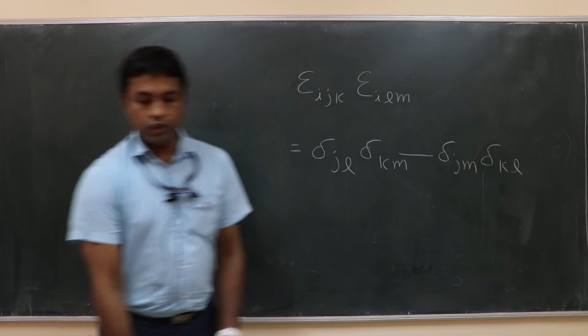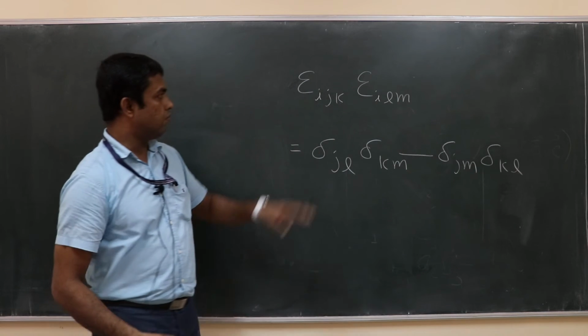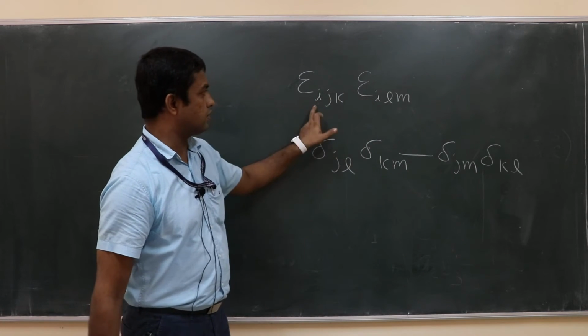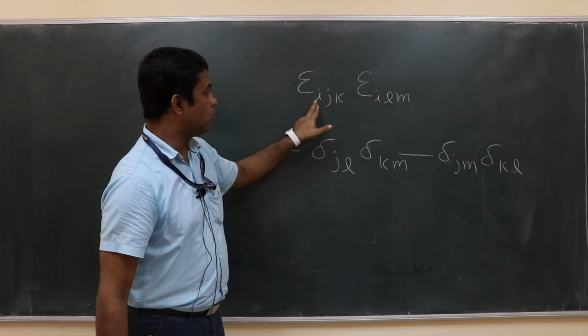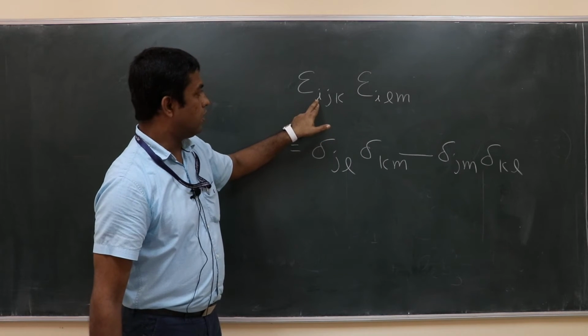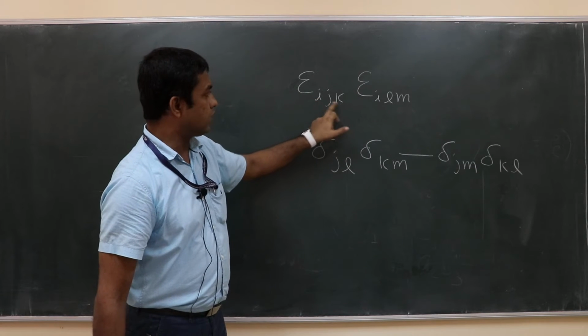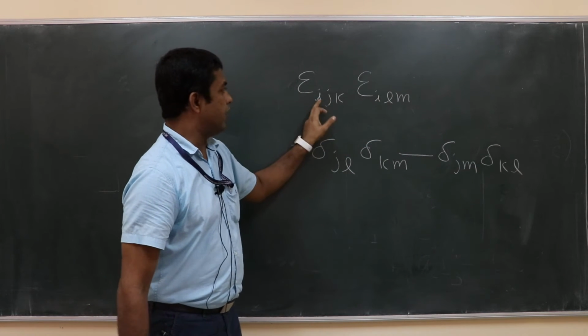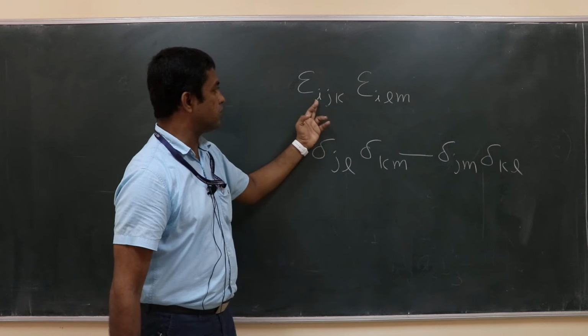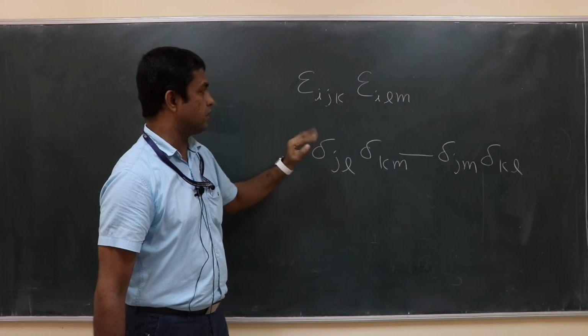So learn this formula. It's a very simple way you can learn it because one of the indices is the same. What you do is leave that one, which is anyway summed over, and take the other two. You put either the same symbol in the first place or the second place, it does not matter.